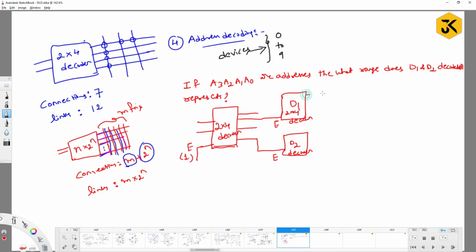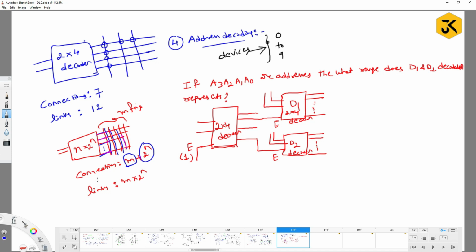Now at D1, I don't know exactly how many output lines there are, but they mentioned it as a 2 by 4 decoder. So the question they have asked is, what range do the D1 and D2 decoders represent?